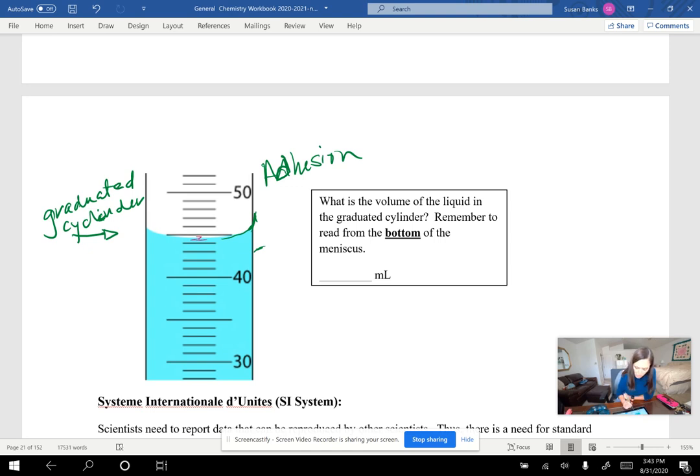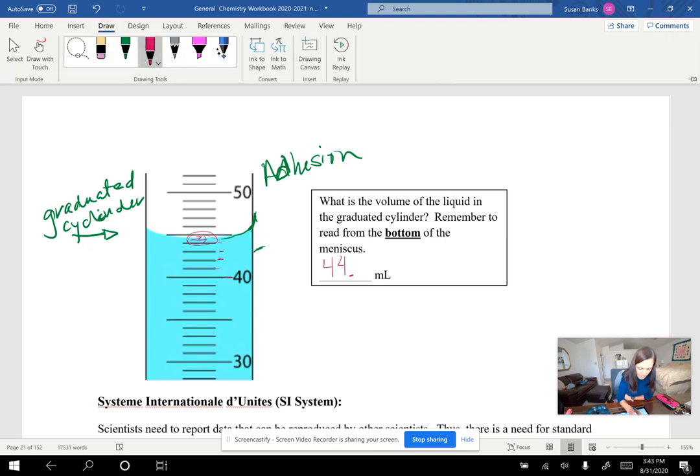If I look there, I definitely have 40. And if we look at these lines, there's 10 lines between 40 and 50, so we know each of these lines is 1. So I have 41, 42, 43, 44. I know for sure I have 44 mL, but it's somewhere between 44 and 45.